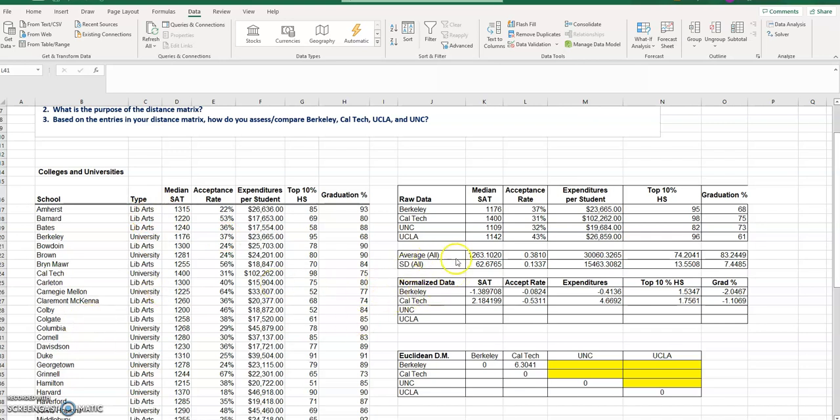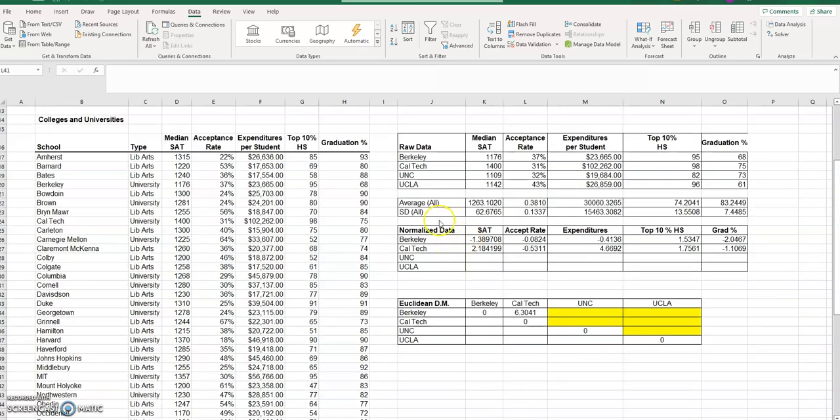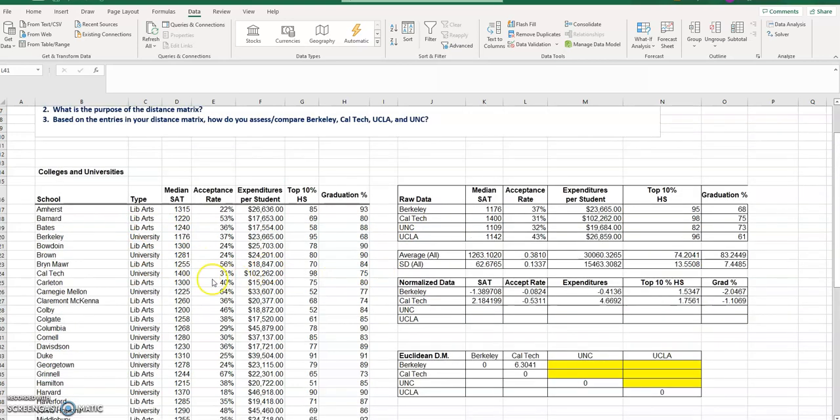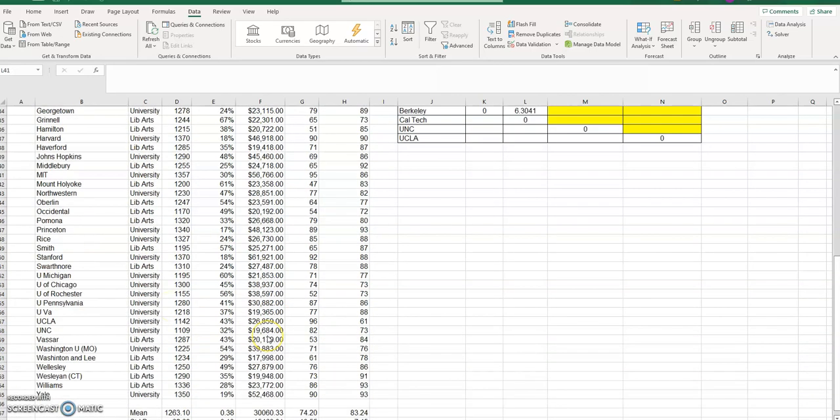After we pluck this data, we need the average and standard deviation for all of the schools, because before we get to this Euclidean distance matrix, we're going to have to normalize Berkeley, Caltech, UNC, and UCLA across all colleges. For all of these quantitative variables, SAT, acceptance rate, and so on, you'll notice at the bottom here, I have already computed the means and the standard deviations of all of those variables.